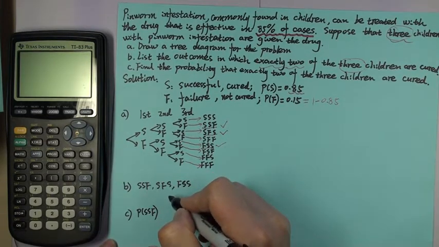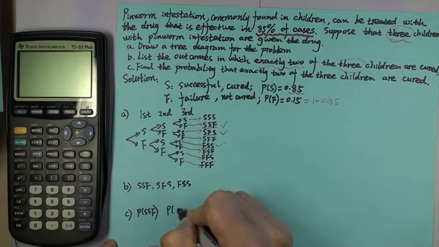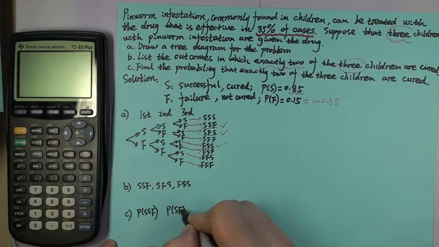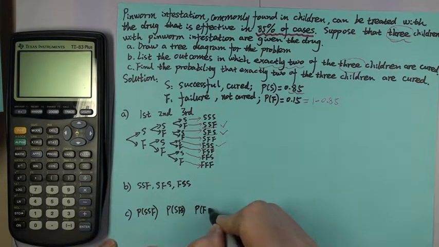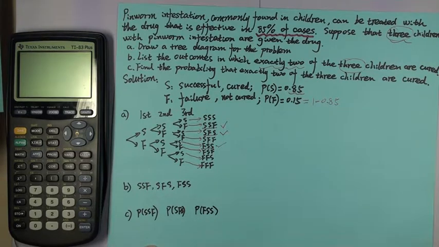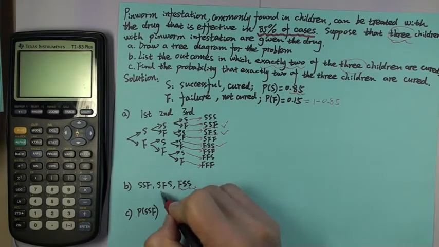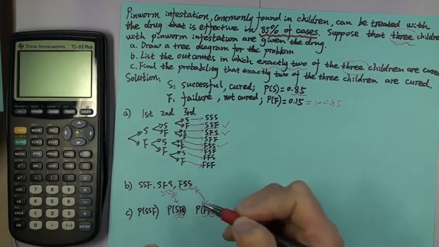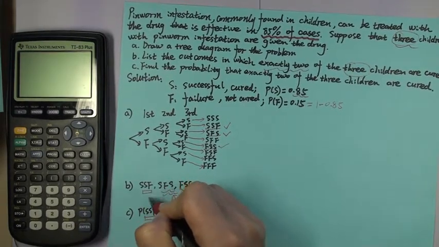And then you have P of S, F, S. And then you have P of F, S, S. So you see that, this one, this one, and this one.